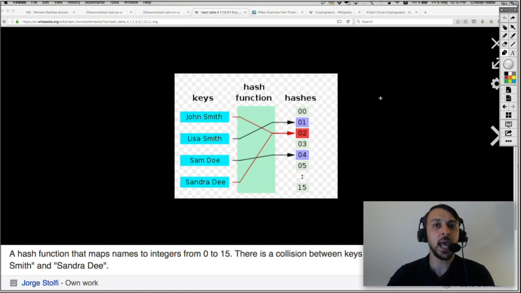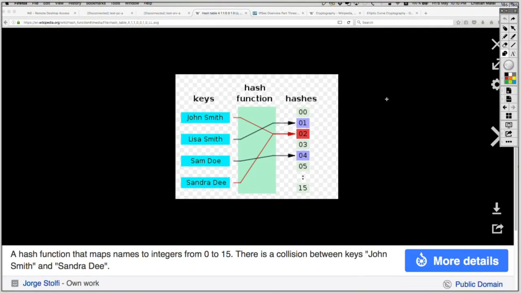So for that reason, it can happen that multiple inputs can produce the same output when they are being passed to the hashing algorithm. Like in here, that's what they're trying to explain: if you take Lisa Smith as the input and you put that input inside the hashing algorithm, the output is going to be a fixed-size hash with a value of 0, 1.